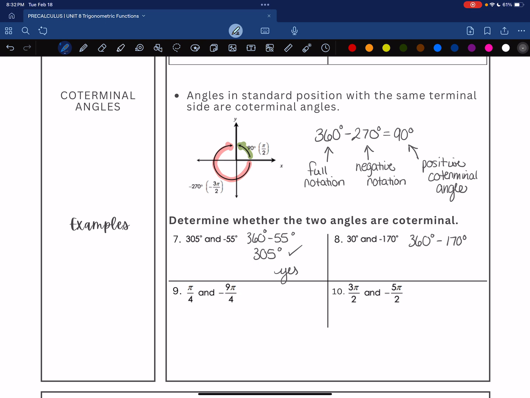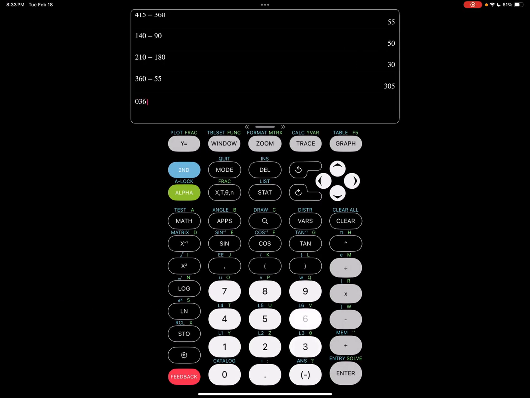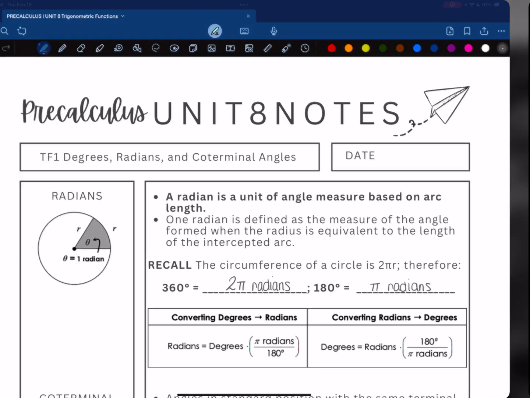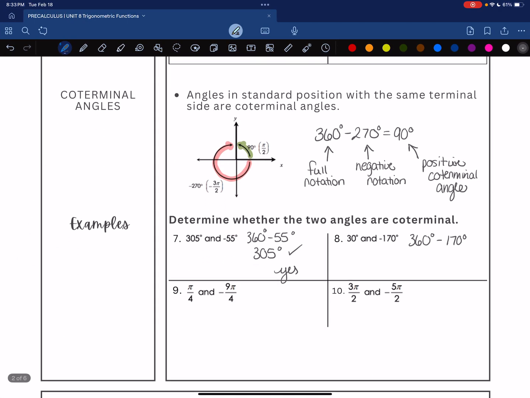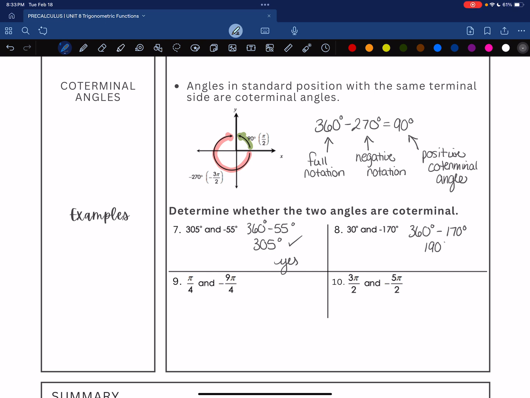The difference between those two is 190. Is 30 coterminal with that? No, it would be 190. That would be the coterminal angle that would end at the same spot as rotating negative 170 degrees. So this is a no, not coterminal.